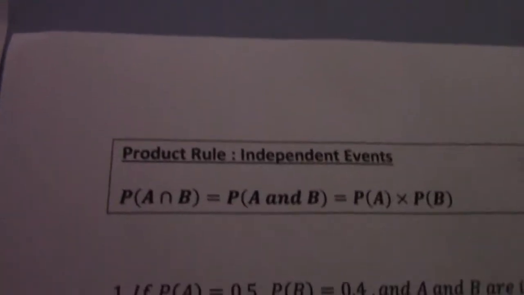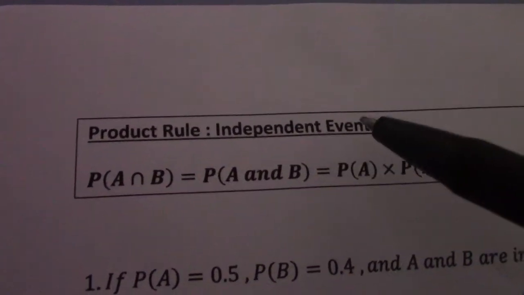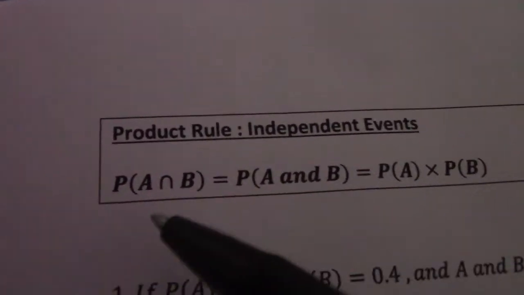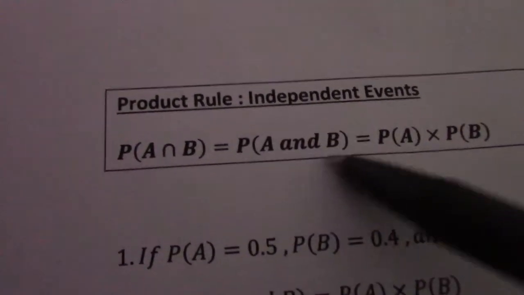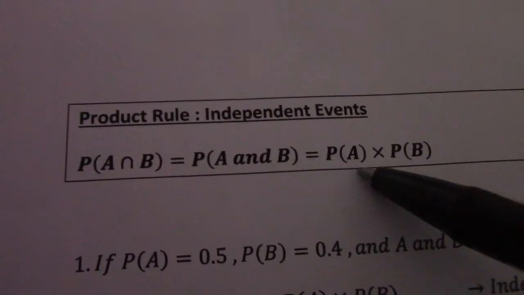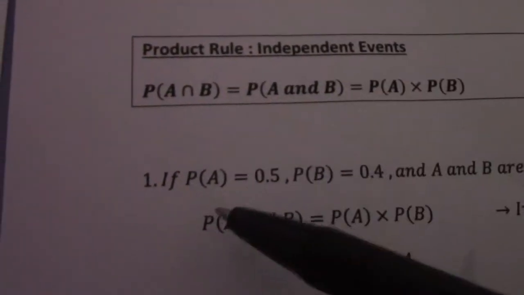We can also apply the product rule. This one is used more often for independent events, especially in grade 11 and grade 12. The probability of A intersection B, or the probability of A and B, must equal the probability of A times the probability of B. So look at the example.